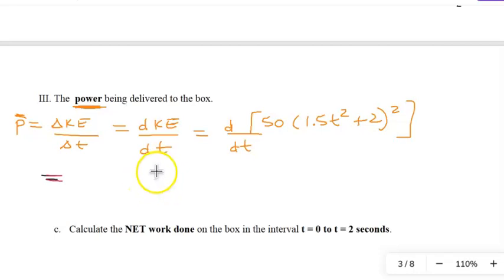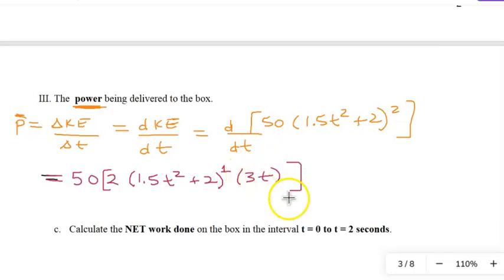I know how to do it, I just can't remember what it's called. So we're going to take 2 times the 50, or you can think of the 50 out front as a constant. Bring the 2 down, 1.5 t squared plus 2 to the 2 minus 1, which is 1, times the derivative of what's inside, which is 3t.